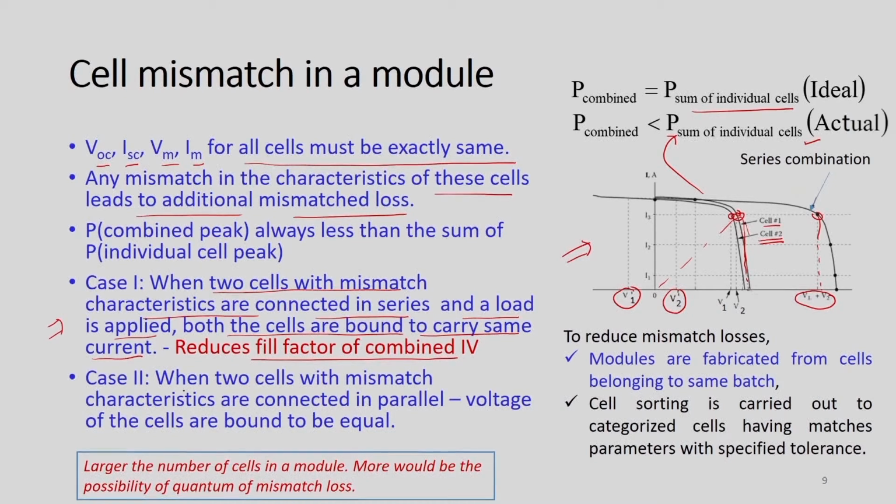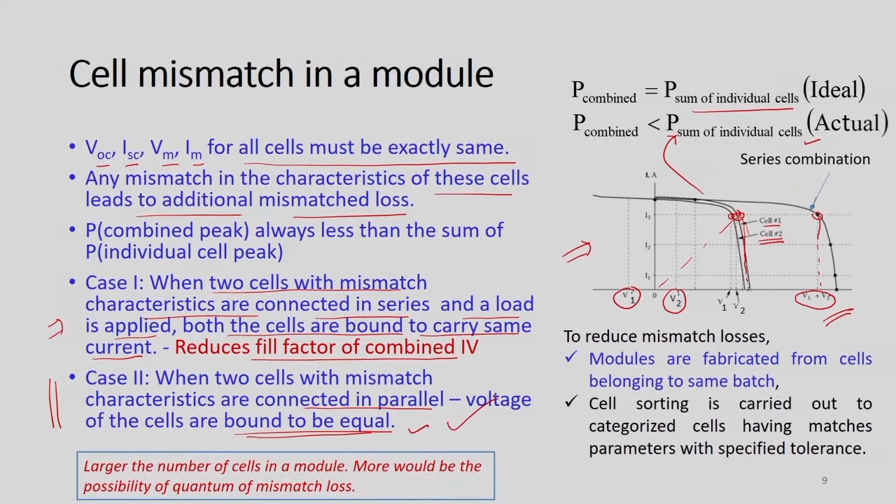In the second case, when two cells with mismatched characteristics are connected in parallel, the voltages of the cells are bound to be equal. For the parallel case, as we discussed in the last slides, that is obvious. A similar description can be given for this case as well.